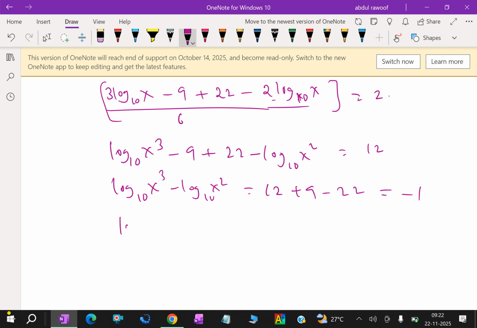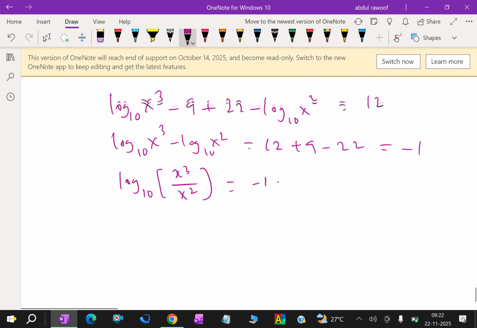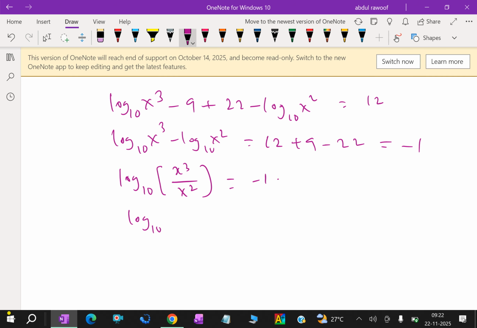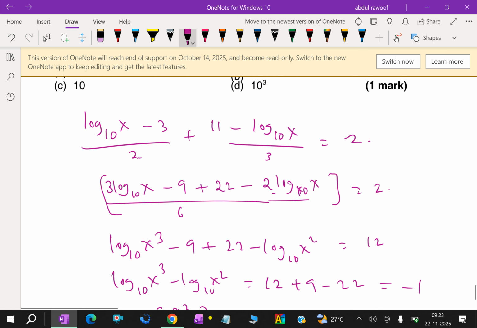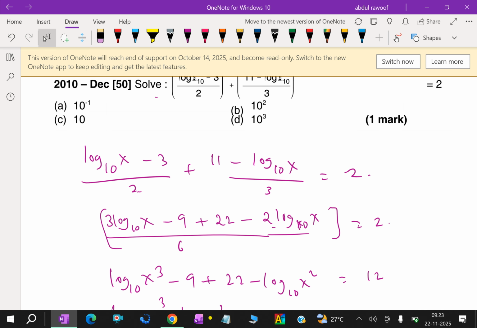So here log base 10 of x cube by x square equals minus 1. So log base 10 of x equals minus 1. Then 10 power minus 1 equals x. Therefore, solving, x is 1 over 10, that is 10 power minus 1.